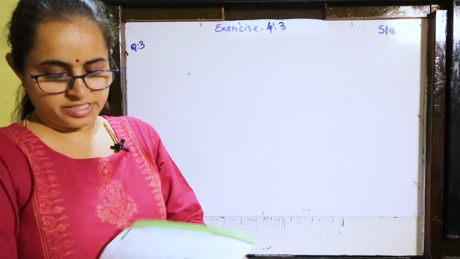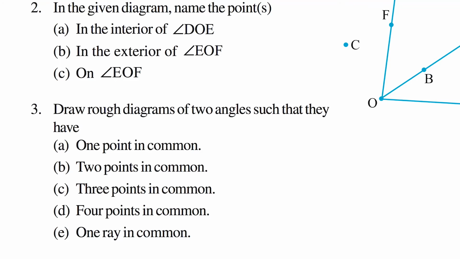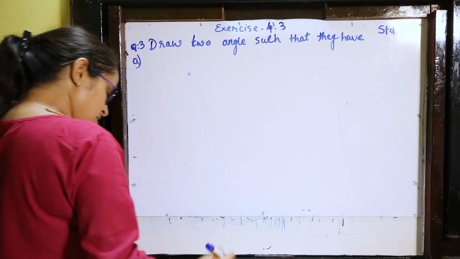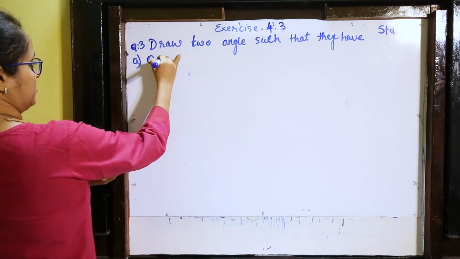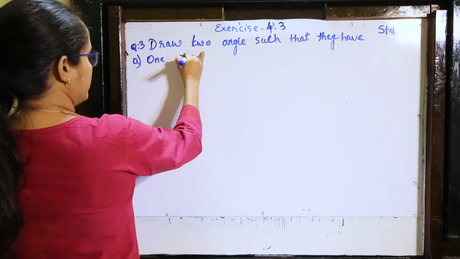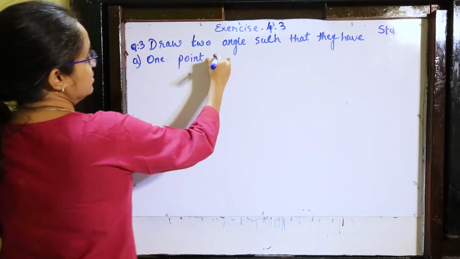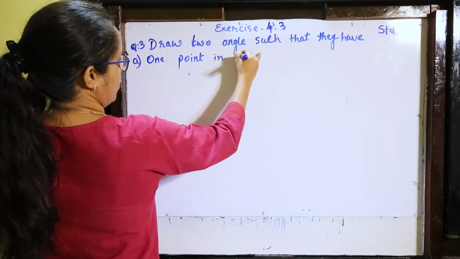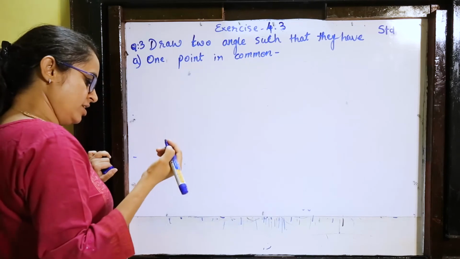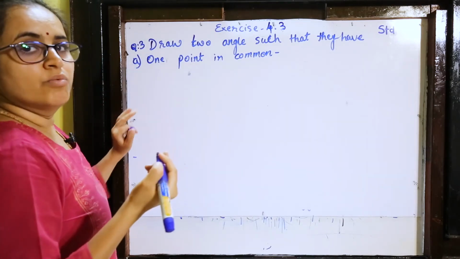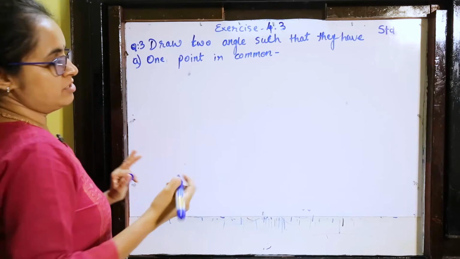First, draw a rough diagram of two angles such that they have one point in common. So you have to draw two angles which have one point in common, other than the vertex. Vertex is not a common point, children. A vertex is a vertex. It is the original point, so it is not common.